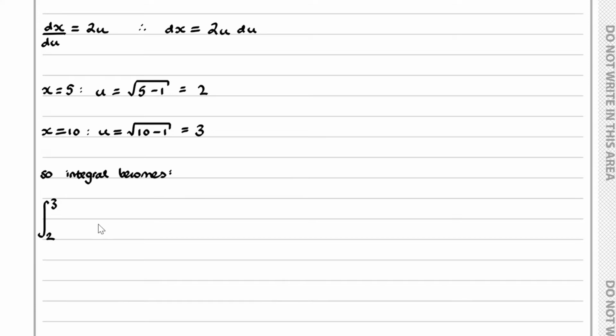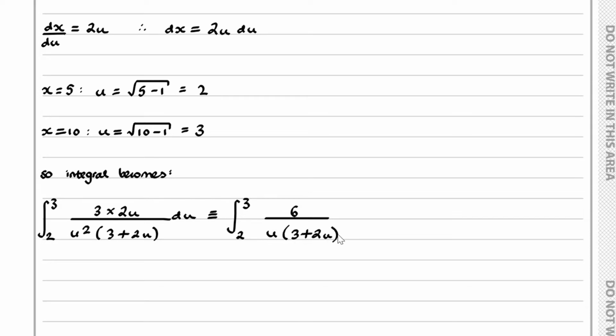So here we have 3 times by 2u over u squared lots of 3 plus 2u du, which if we tidy this up, we have the integral from 2 to 3 of 6 over u lots of 3 plus 2u du.